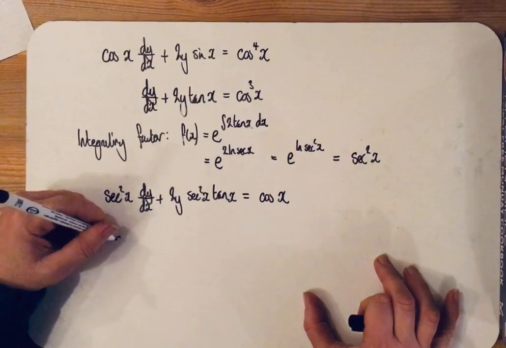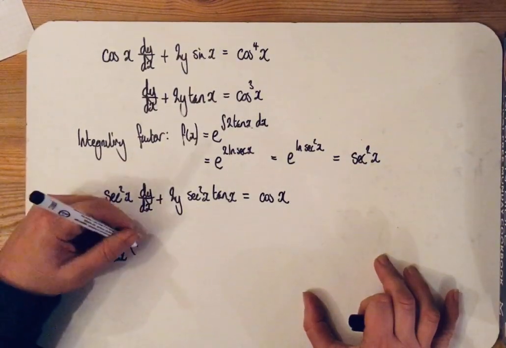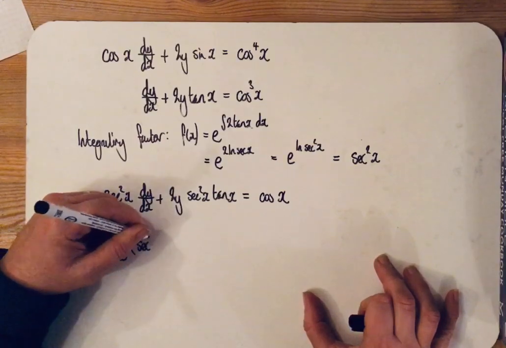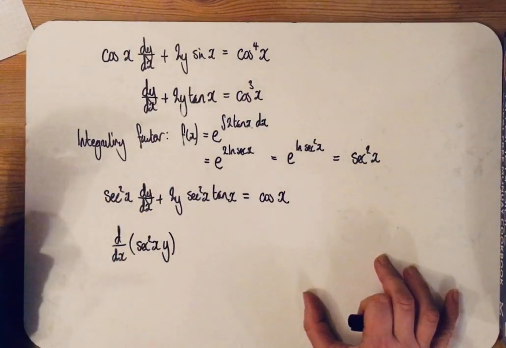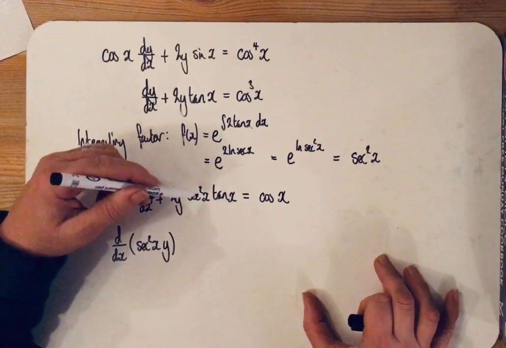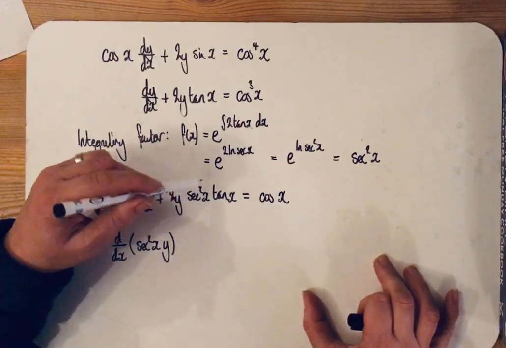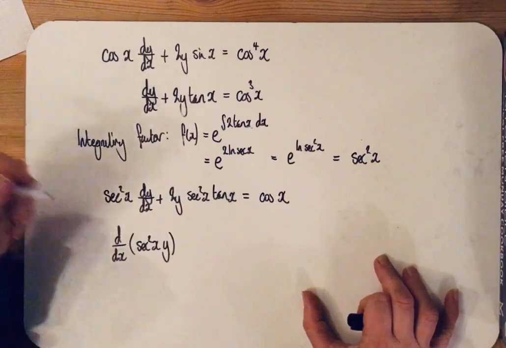And so d/dx of sec squared x times y. And again, you could just do a quick check to make sure your sec squared x differentiates to sec squared x tan x times 2, which it does.